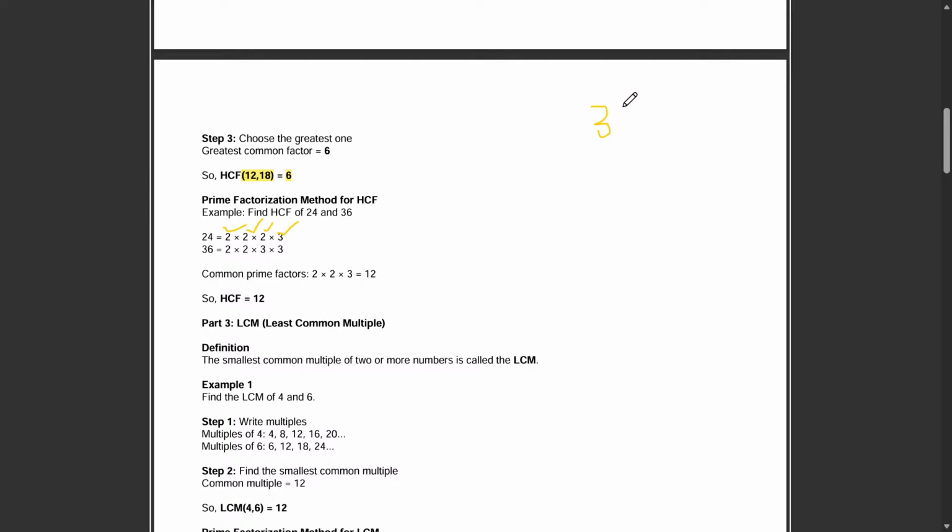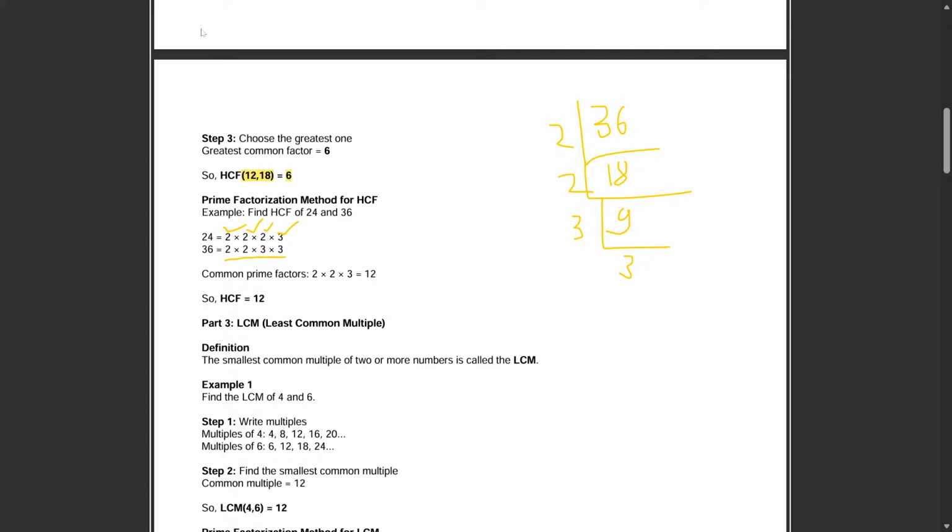If we factorize 36, we divide it by 2 and get 18. Then if we divide it by 2, we get 9. Then if we divide it by 3, we get 3. So the prime factors of 36 are 2, 2, 3, and 3, which are mentioned here.